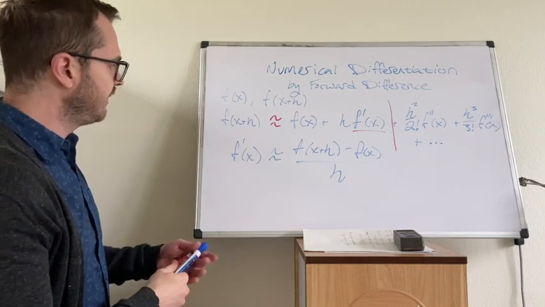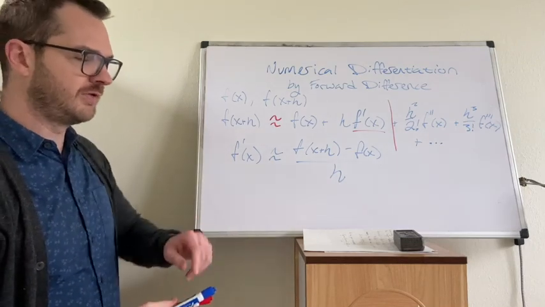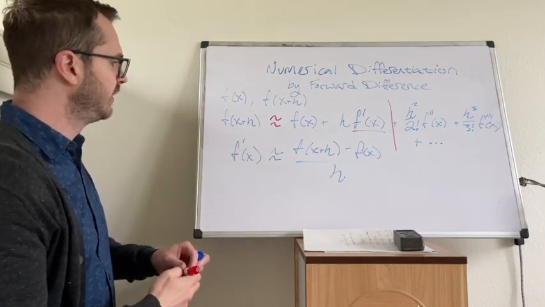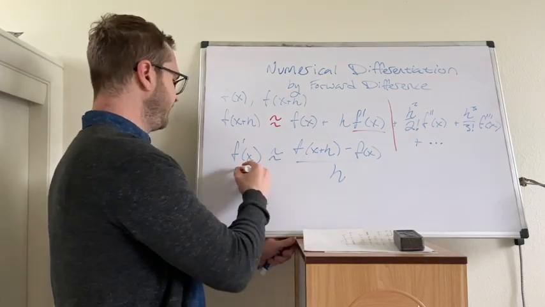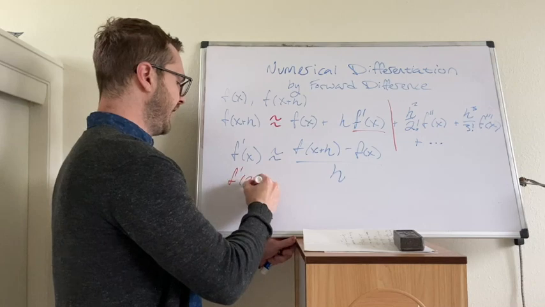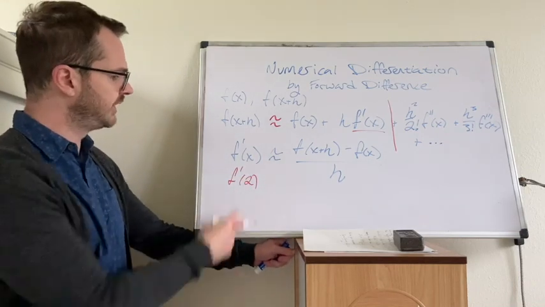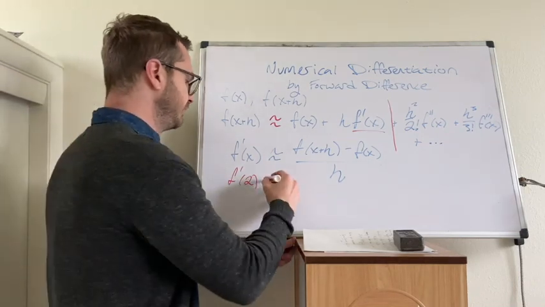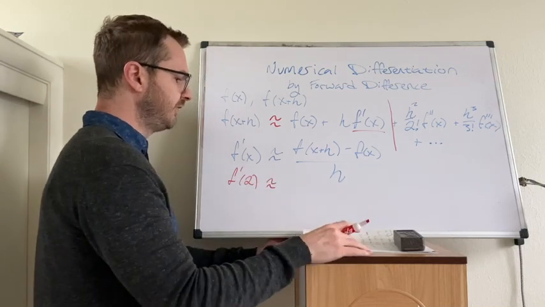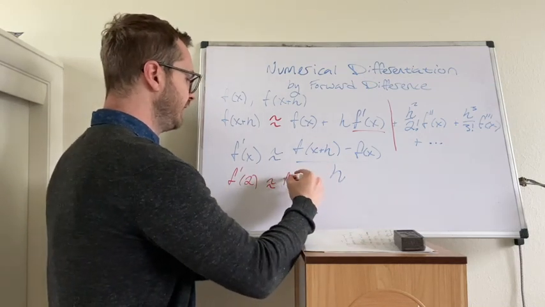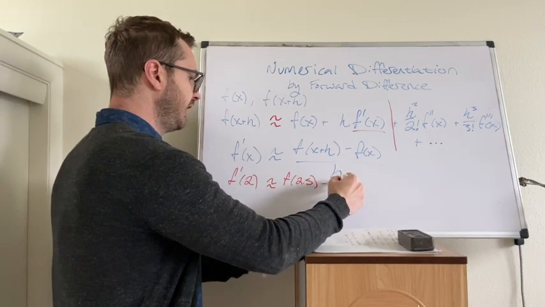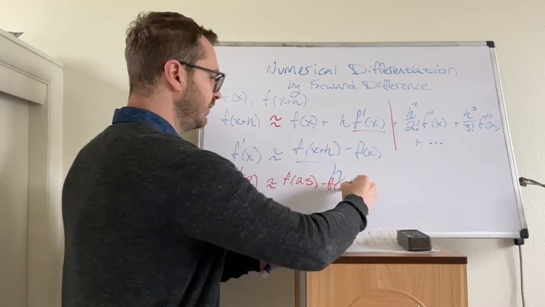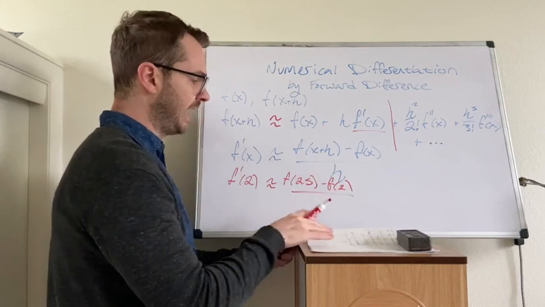Now, if we were to do this for the numerical example that we did a moment ago, here's what we would have. We're going to say f prime at 2. We're still going to chase the slope here at 2. So again, this is approximate, but this is going to equal f of 2.5 minus f of 2, and then we divide by h.